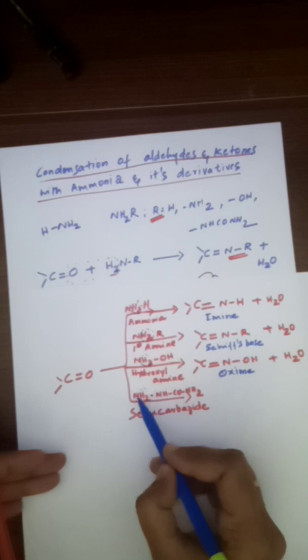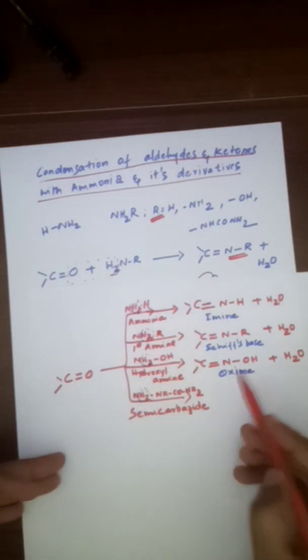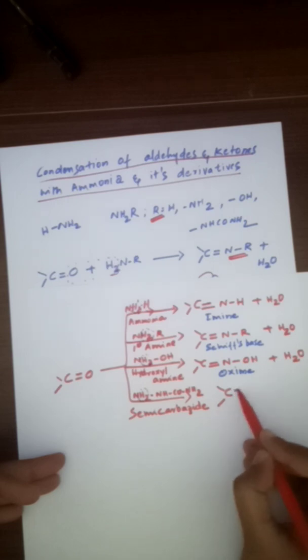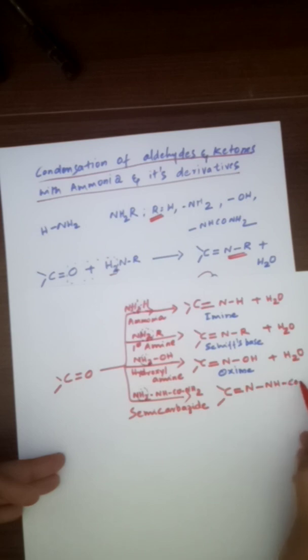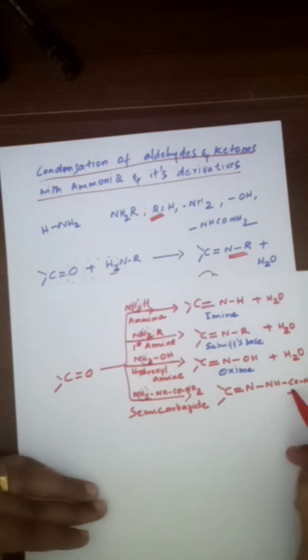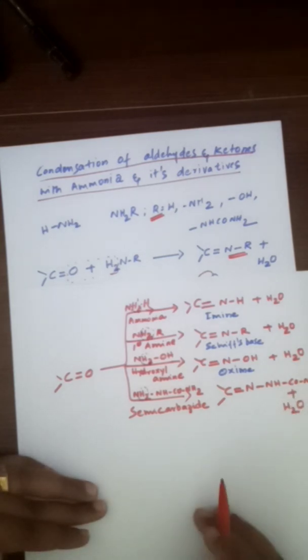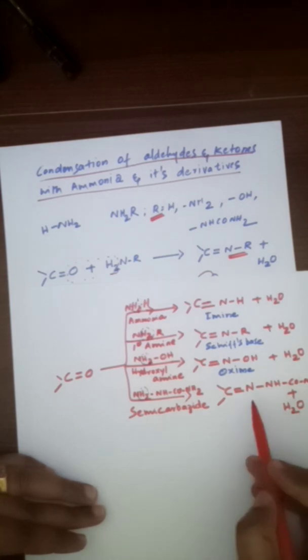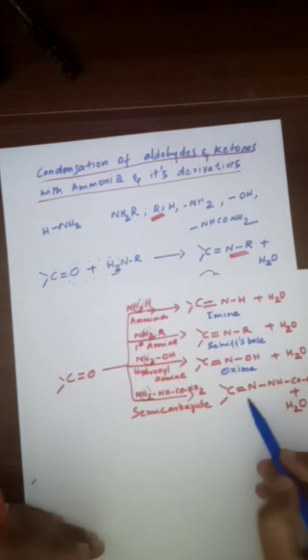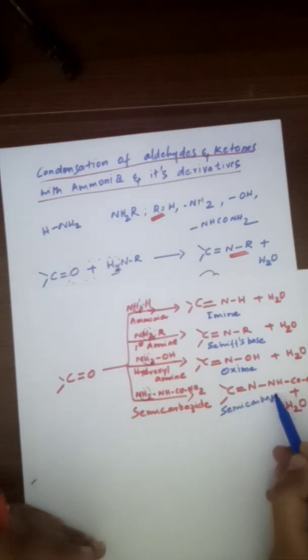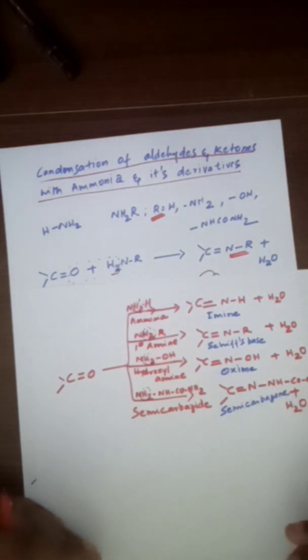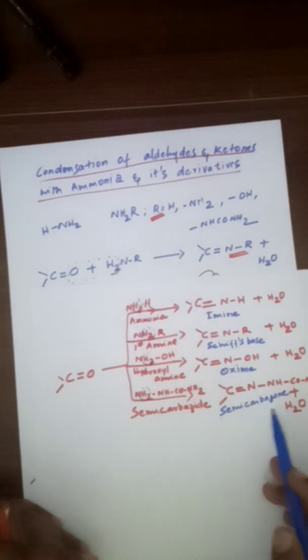Again, this hydrogen has to be removed. So what you will get? C double bond N NH CONH2 plus water. So what is this compound known as? That is known as semicarbazone. And if you are using hydrazine, it will result in hydrazone.